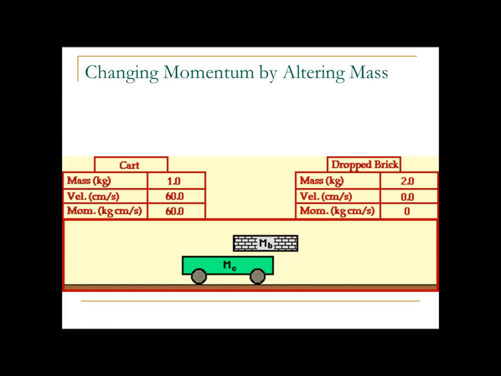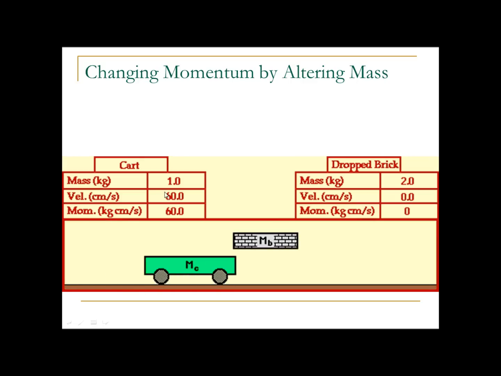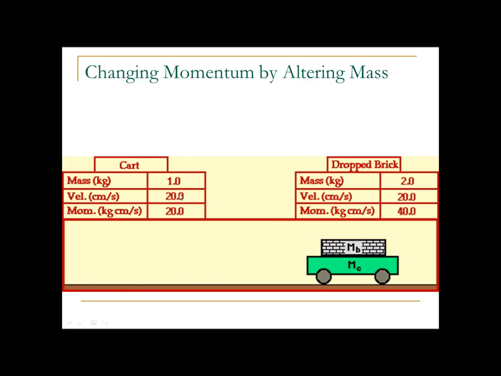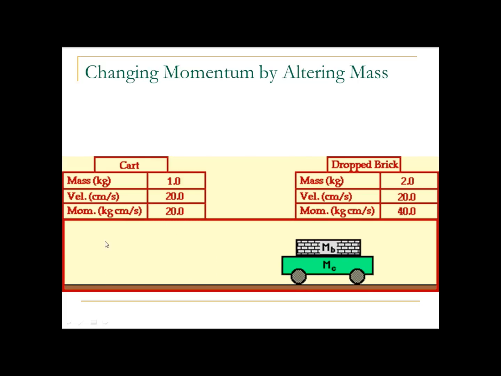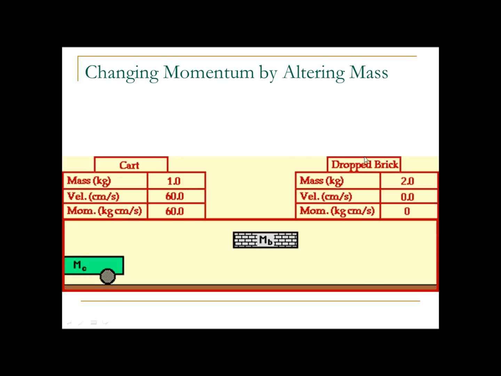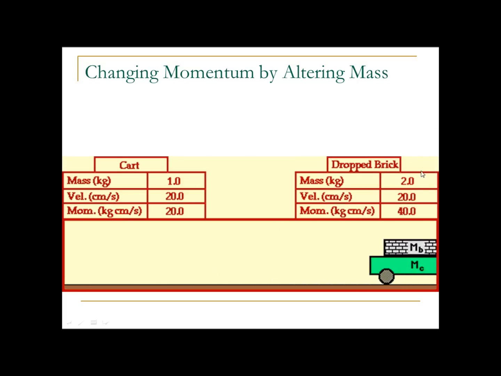So here's an example of changing the mass. Initially we start with a little car going 60 centimeters per second. So if we have a mass of 1 and a speed of 60, we have a momentum of 60 kilogram centimeters per second. But if we were to drop a brick into the car, the brick has a mass of 2.